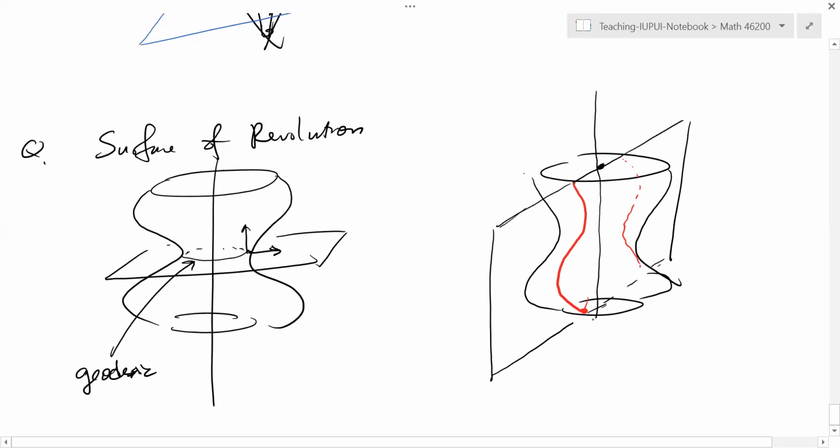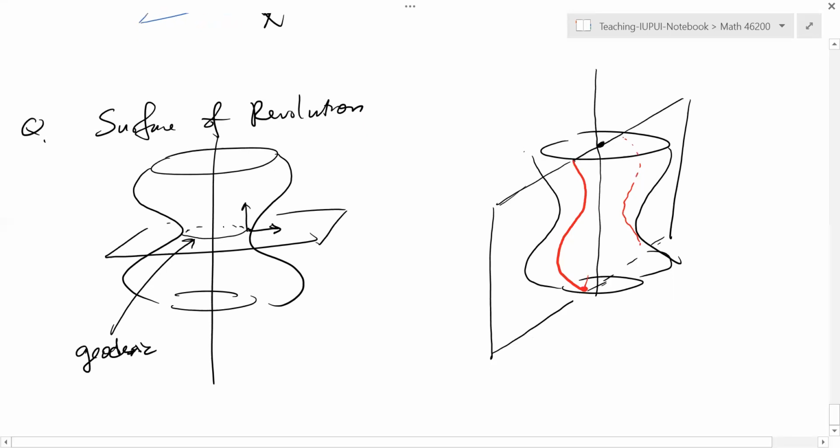So this plane is perpendicular to the surface at every point. Yeah, this is a normal vector to this plane, right?